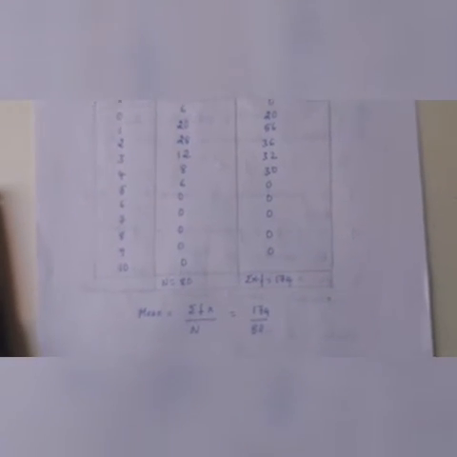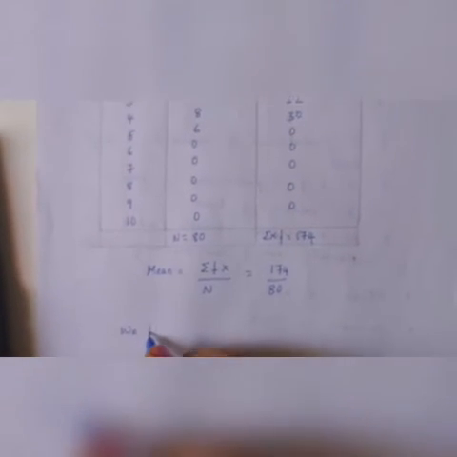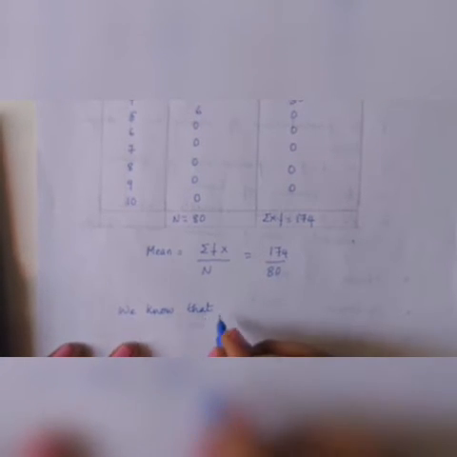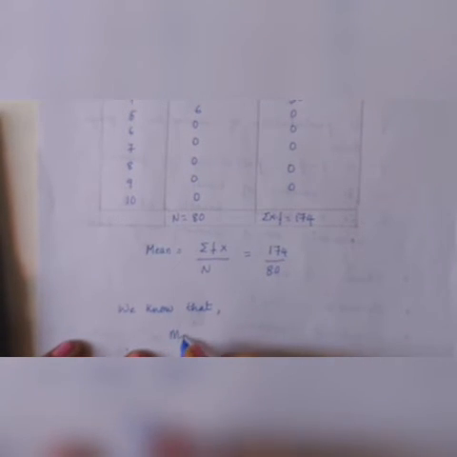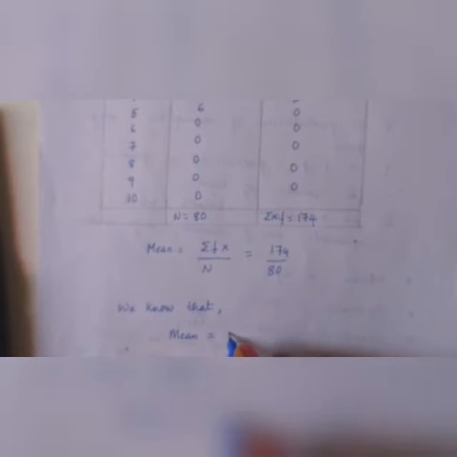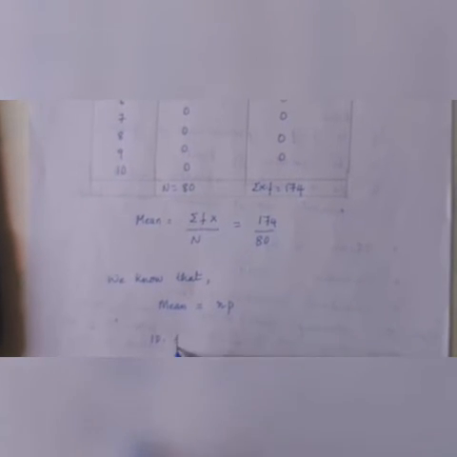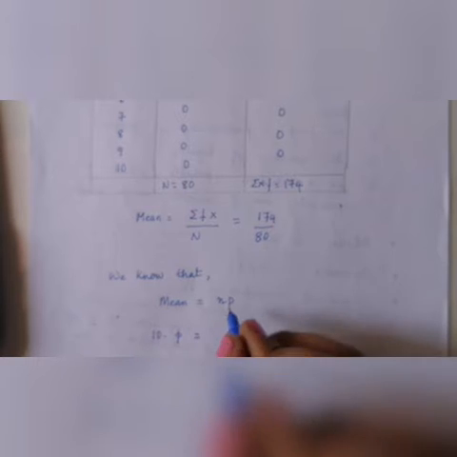Now we know that in a binomial distribution, mean is equal to n into p. Okay, we know the value of n. N is equal to 10 and p we don't know. Let us calculate.